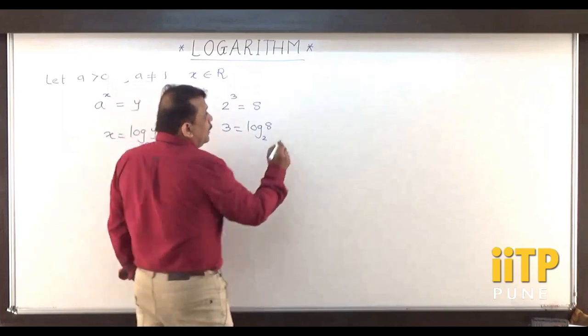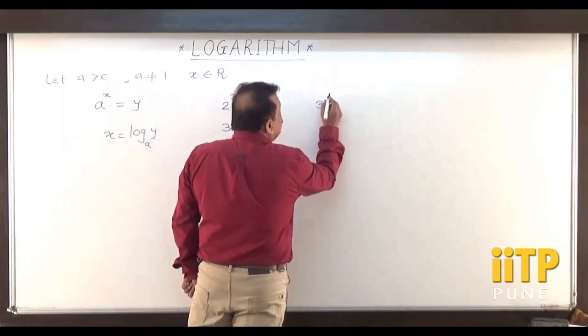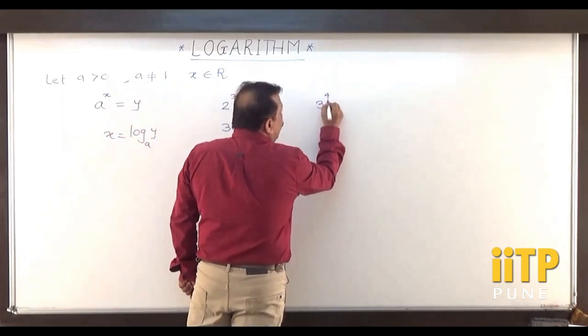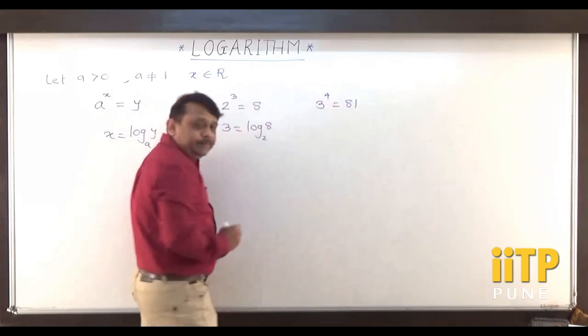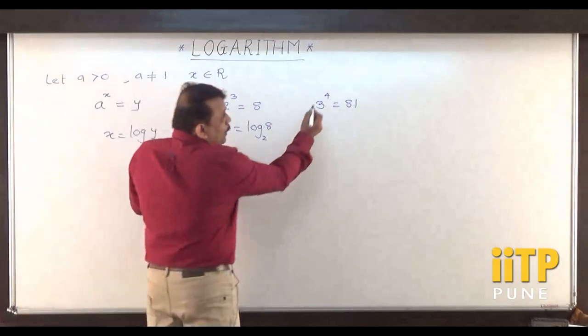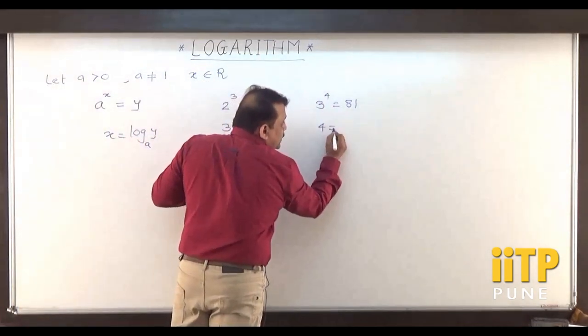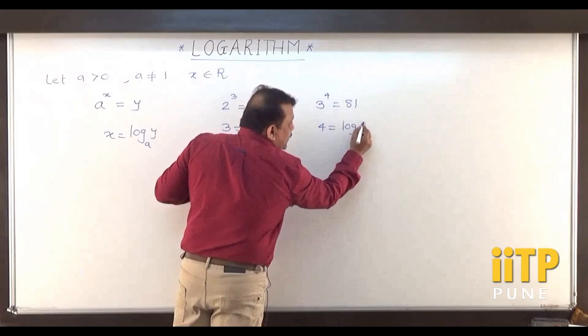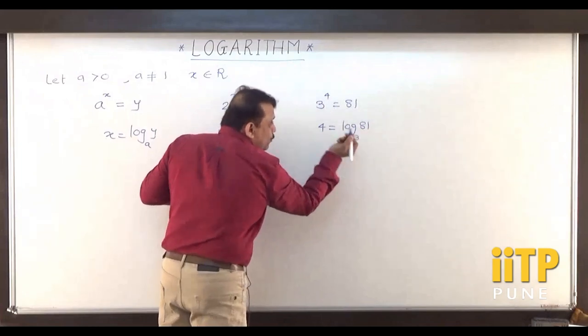One more example let me take. Suppose I write 3 raised to 4, it is what? 81. So let us convert this into what? Logarithmic form. So power means 4 is equal to log of opposite side, that is 81 to the base what? 3.